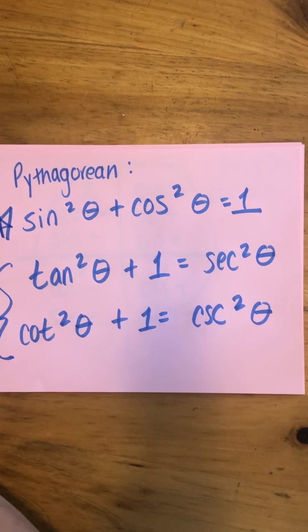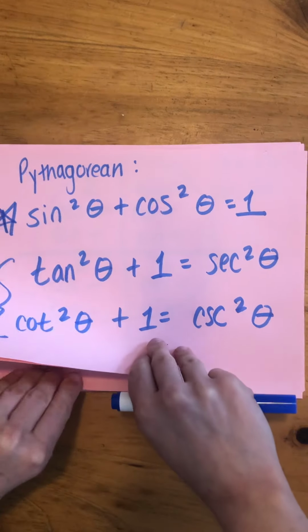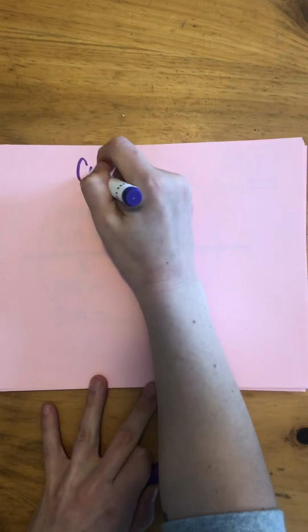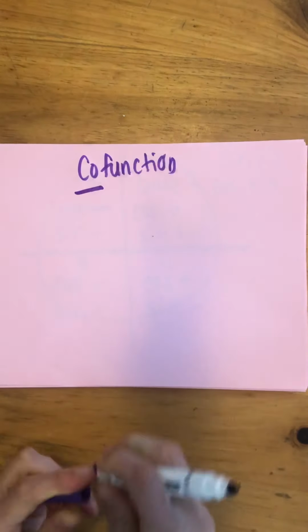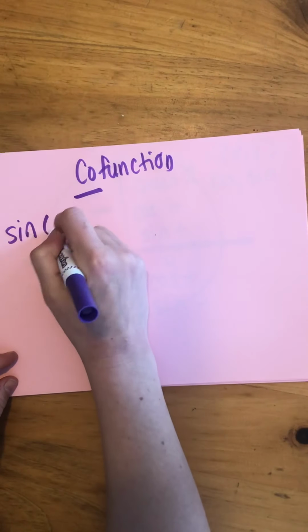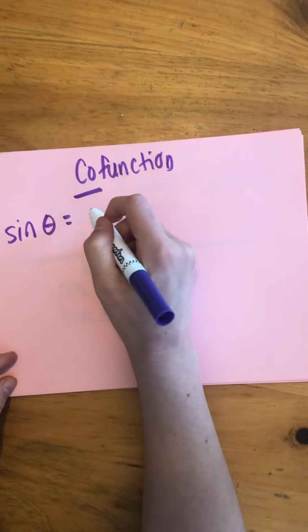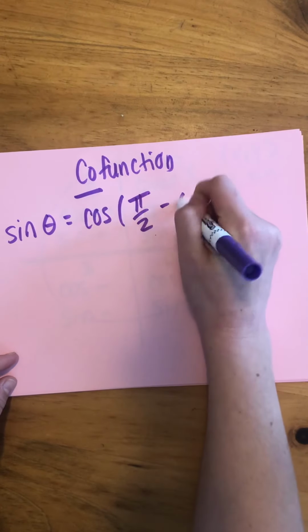And then the last ones that we're going to talk about are cofunction identities. So cofunction kind of makes sense in our brain because we have the co in front. So it makes sense that sine of theta equals cosine of pi over 2 minus theta.